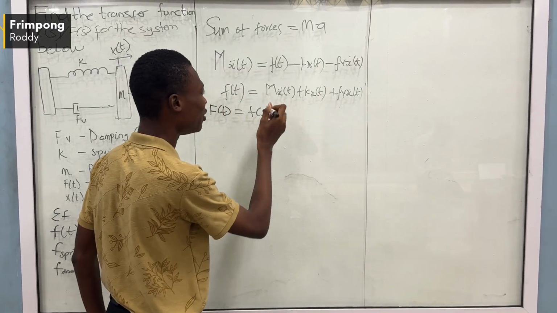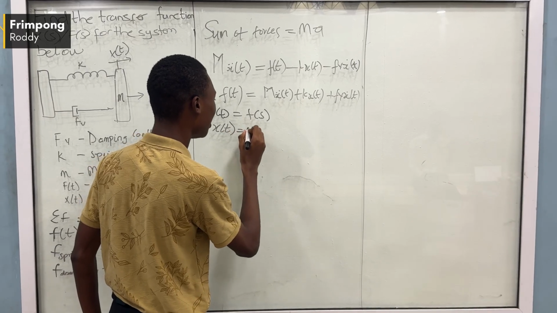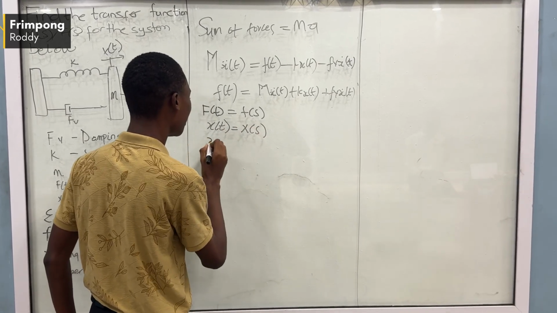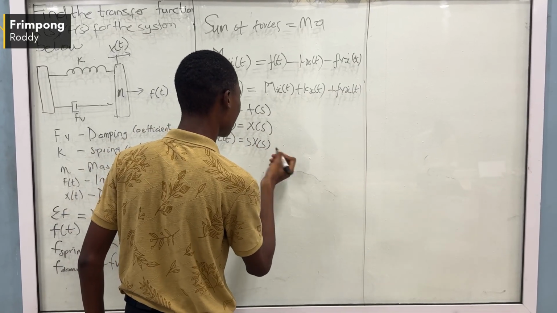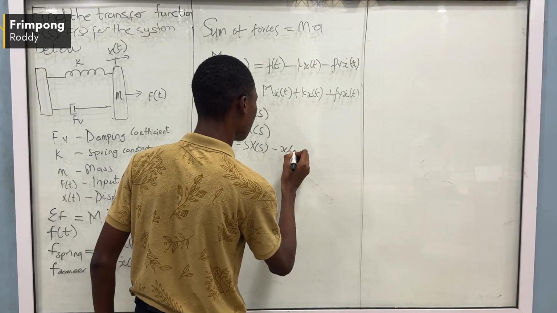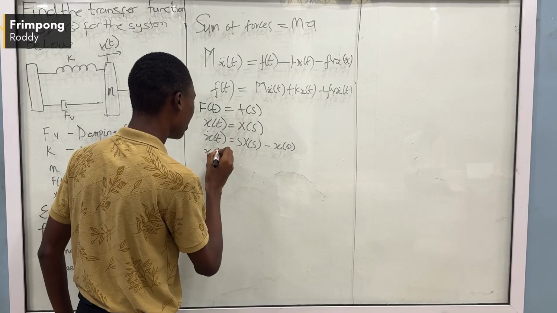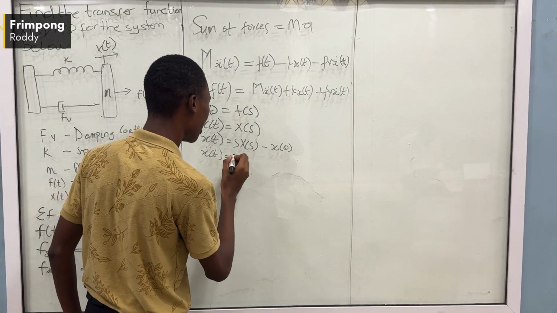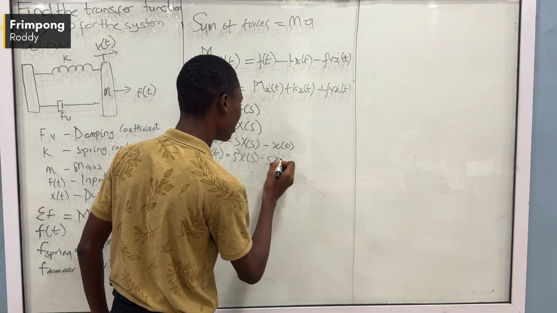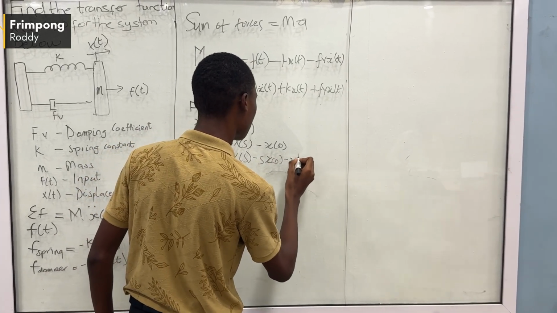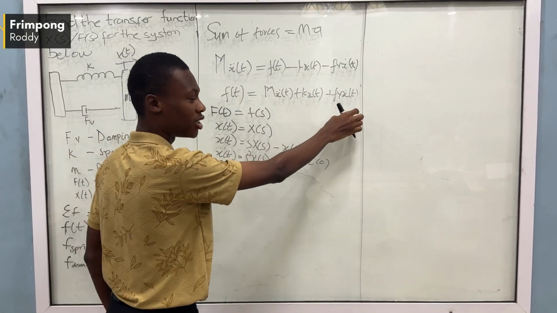The mass will be the same, but for x of t, the Laplace will be X(s). For the first derivative, it's going to be s X(s) minus x(0). For the second derivative, it will be s squared X(s) minus s x(0) minus x prime(0). So we'll substitute this into the expression.